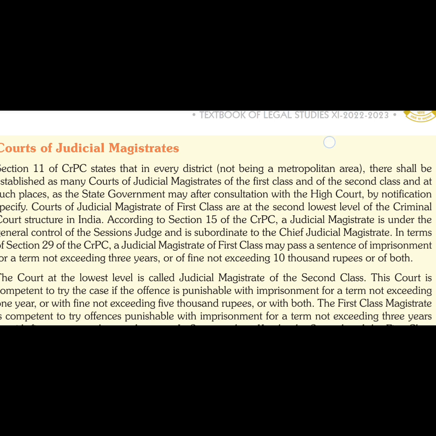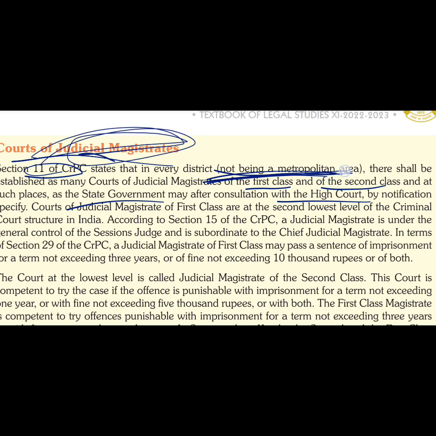So the powers are with the High Court and the state government of that particular state to establish as many courts of judicial magistrates, first class or second class, in a particular area. And it has to be not a metropolitan area. Remember, JM जहाँ है वो metropolitan area नहीं होगा. If it's a metropolitan area then we will have MM over there. Okay, मैं बार बार बता चुकी हूँ.